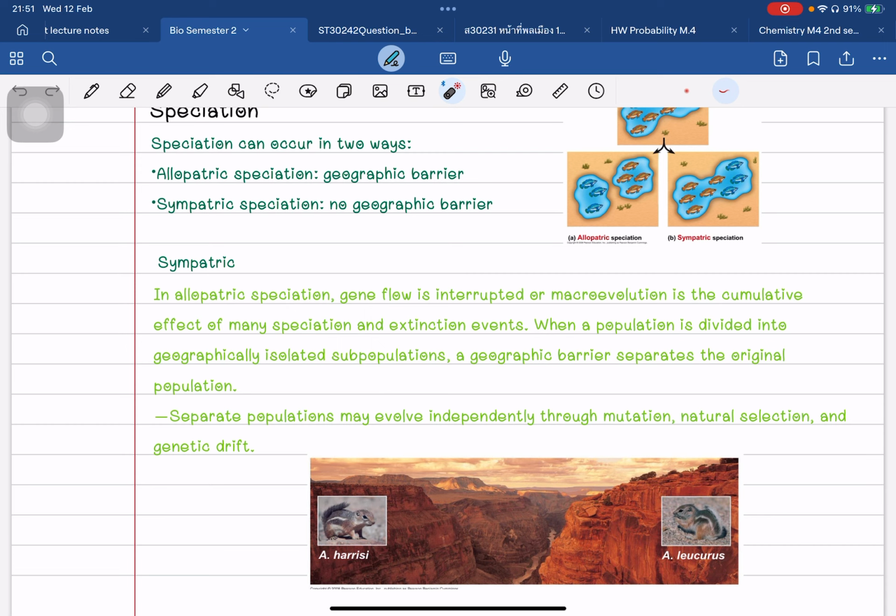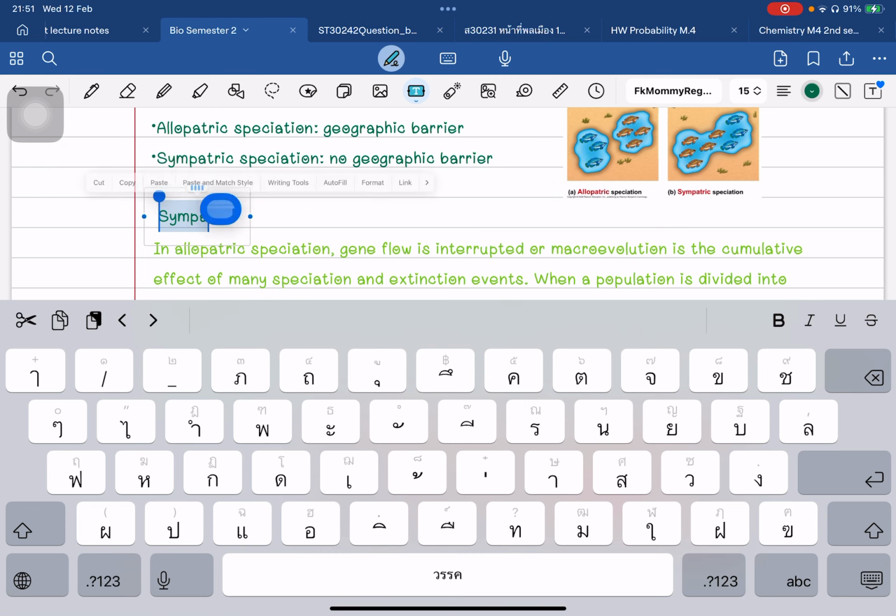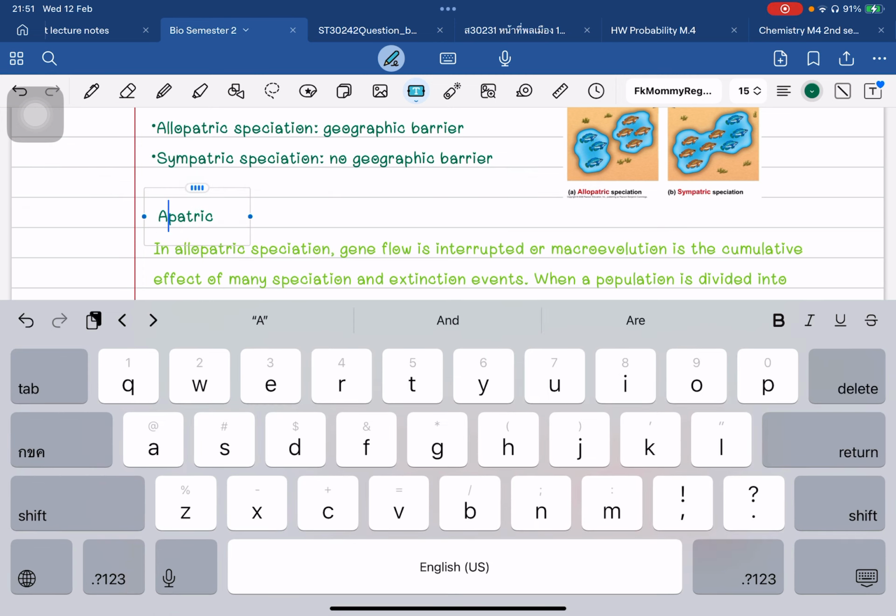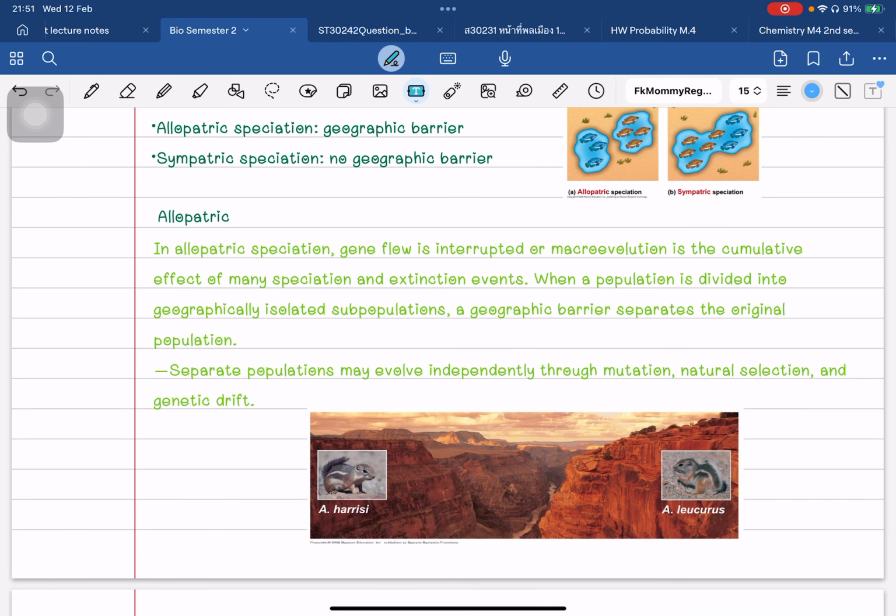It should be the allopatric. Okay, so in allopatric speciation, gene flow is interrupted, and macroevolution is the cumulative effect of many speciations, even extinctions.